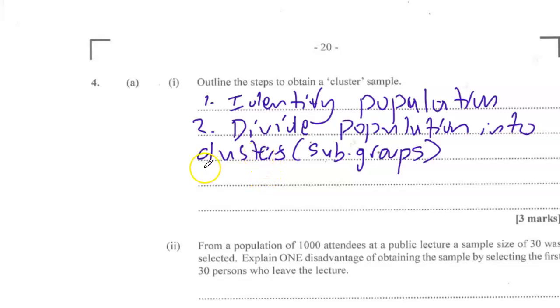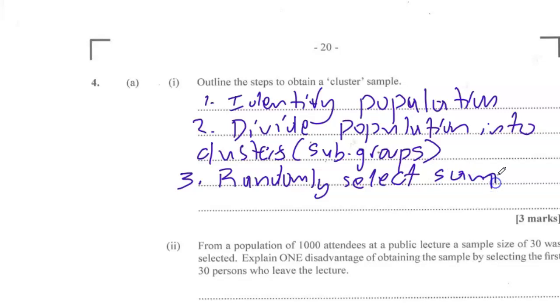Alright? And after you have your subgroups, you will randomly select participants or your sample. Now select a sample from each cluster, or from each subgroup.